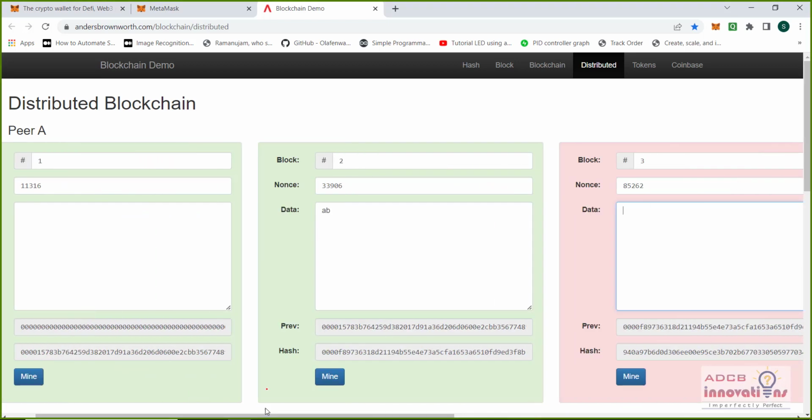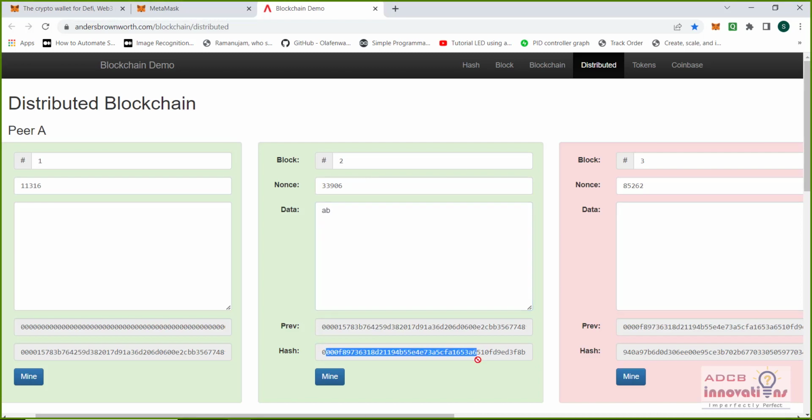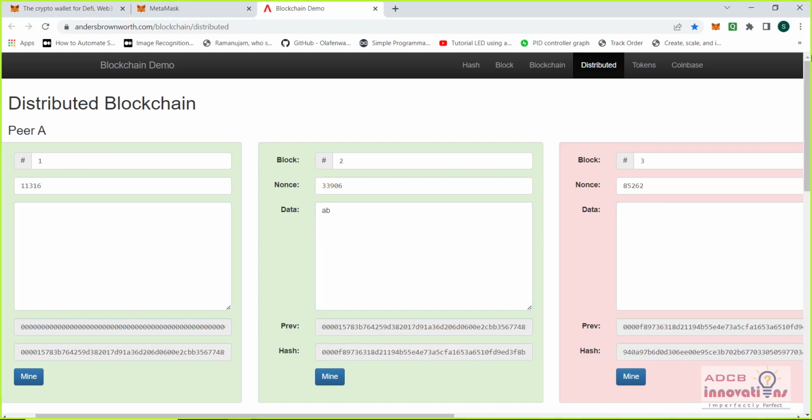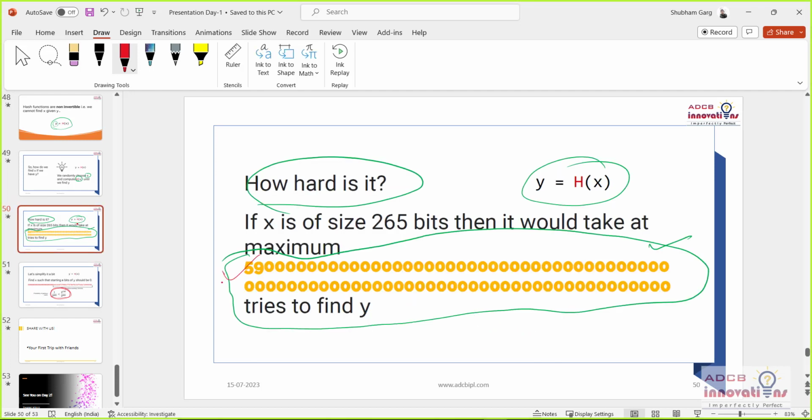That is, if he finds what the final hash will be after writing AB, then only he can snoop it. And for this, the probability is very low, and it will take at least this many tries, and for that we don't have computational resources as of now.